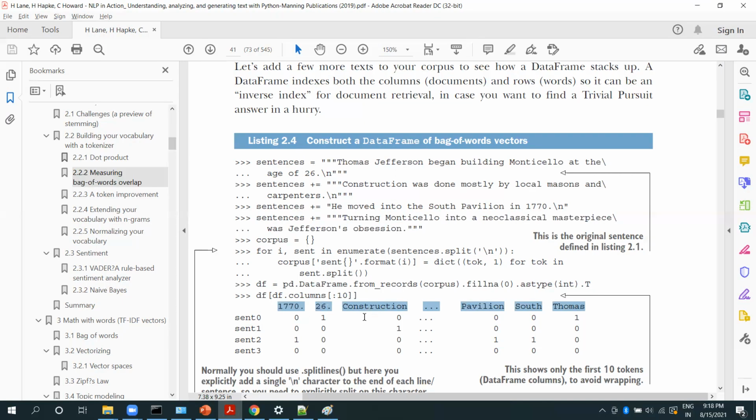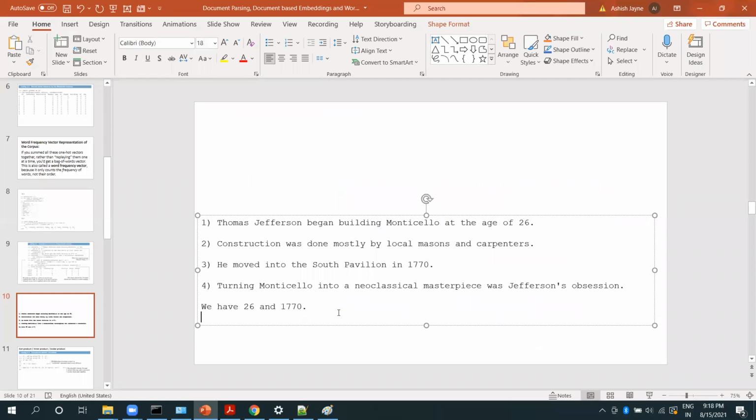1770, 26, construction. So I'll write it down: 1770, 26, construction. Can you tell me which is going to be the next word? Some word with capital letter. I think it's going to be Jefferson. J, K, L, M. Yeah, it's going to be Jefferson. E, F, G, H. I think it's going to be He.